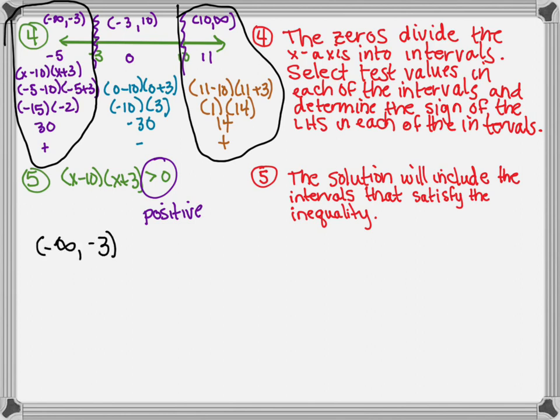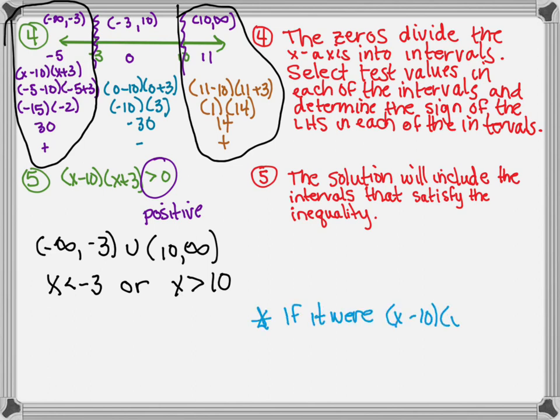So our solution is from negative infinity to negative 3, union, that's a union symbol. Think about what you used in geometry. And then the interval from 10 to infinity. And that's our solution using interval notation. I could also write our solution using inequalities as x is less than negative 3 or x is greater than 10.